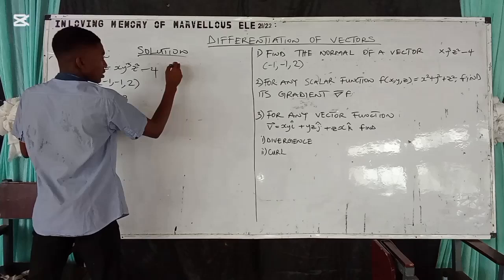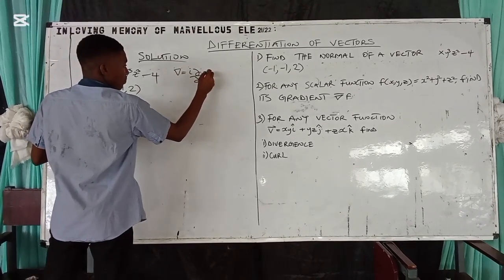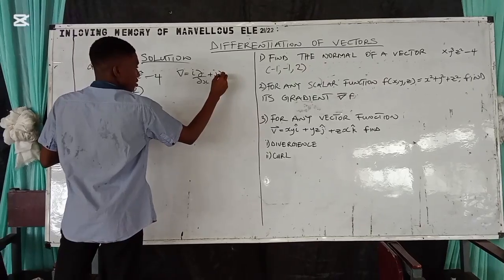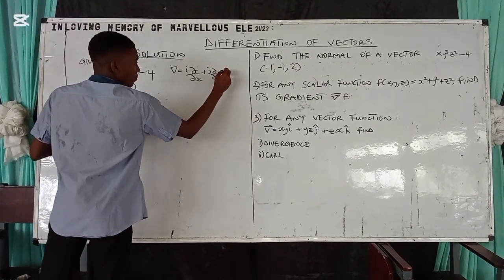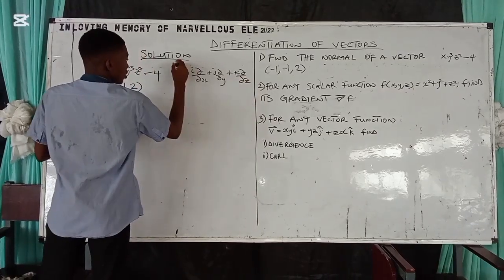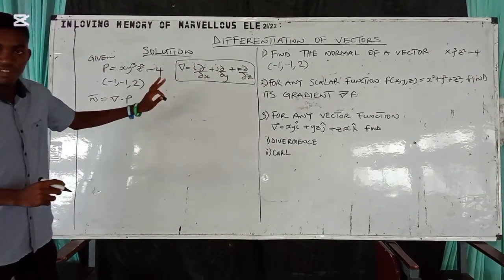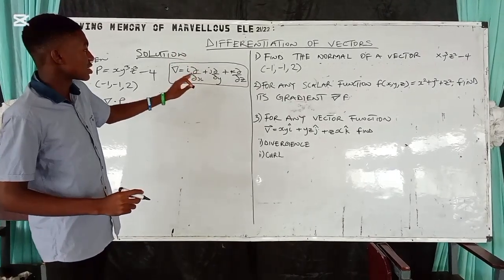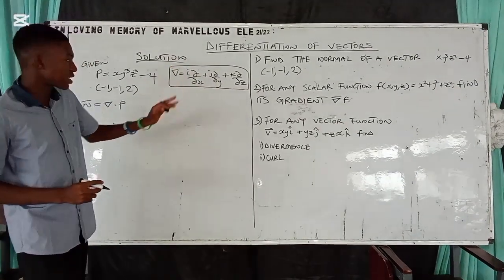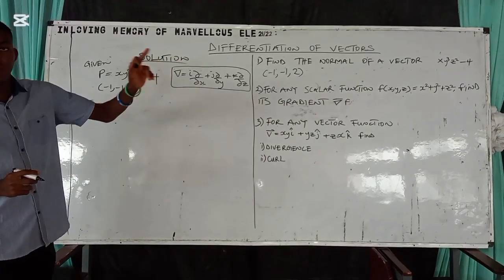Recall, the vector operator is i partial with respect to x plus j partial with respect to y plus k partial with respect to z. This is very important in the differentiation of vectors. So the normal vector is the vector operator times the vector that was given.